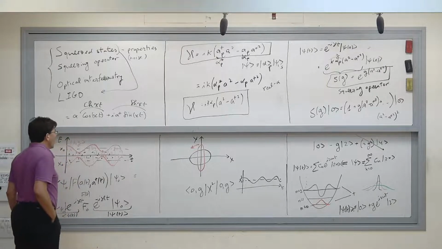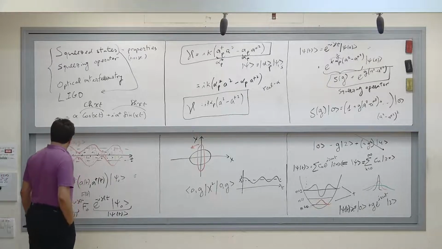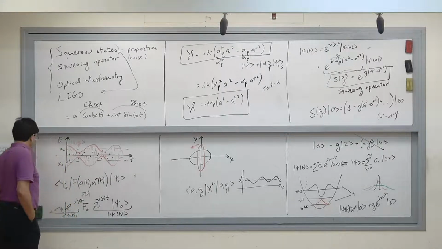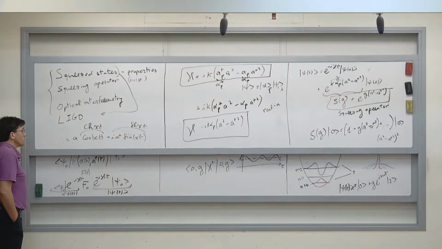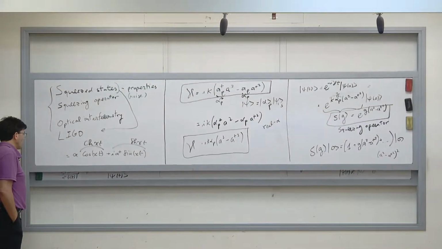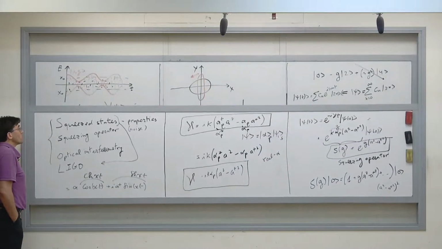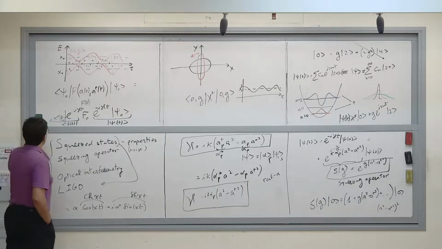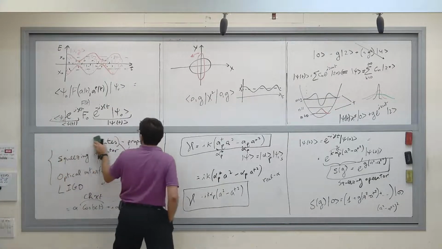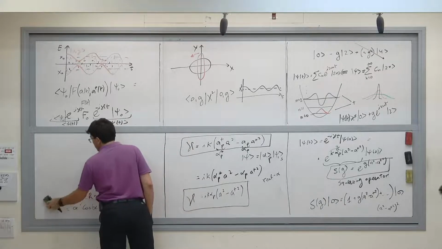And now we have all the tools that we need in order to do any calculation with squeezed states that we want. We can do it in the Heisenberg picture, or we can do it in the Schrodinger picture.